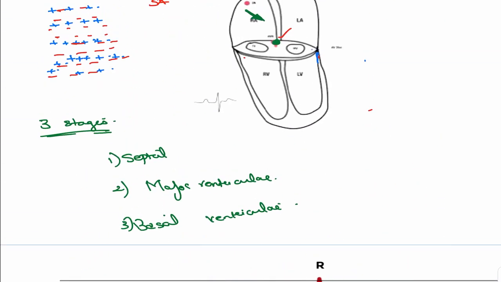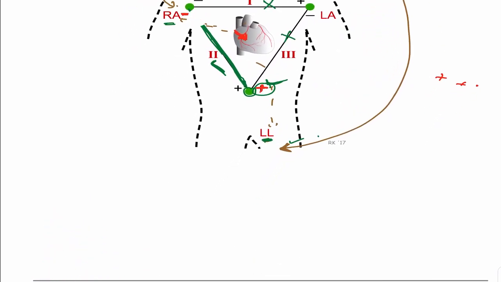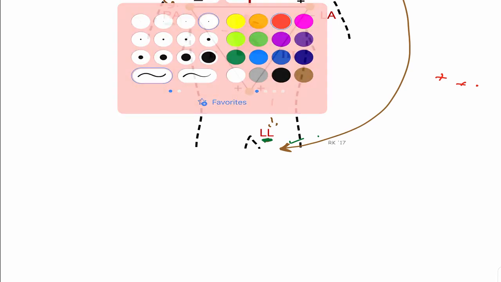So when you draw it here on our ECG machine, I hope you have understood the first portion. So I'll just rub that. The septal depolarization, imagine you have a septum out here, and the depolarization, let it be in this direction. Okay, this direction. So now, as we could see, this is the axis, the second axis we are taking.